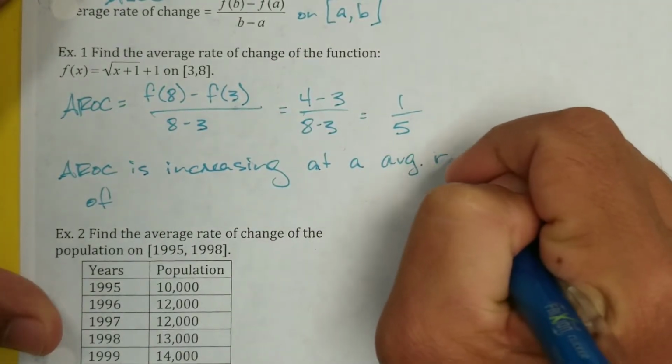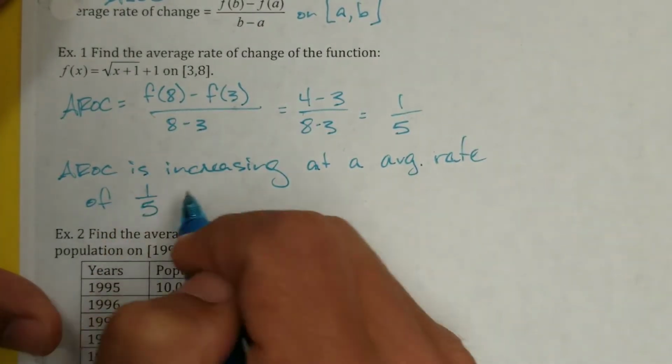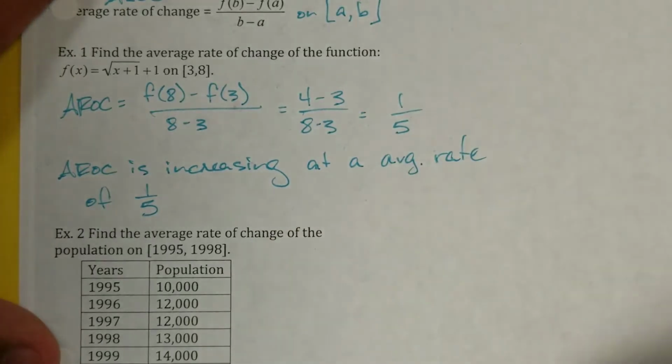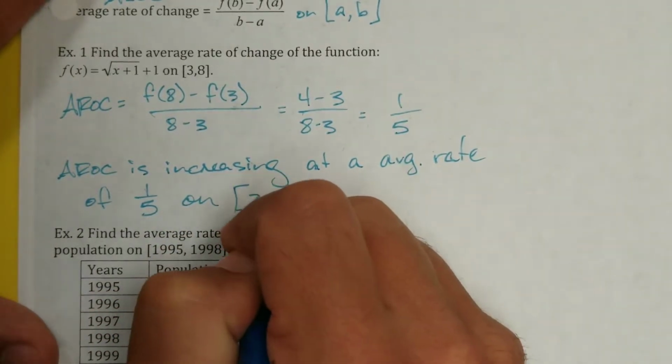At an average rate of 1/5 on the interval 3 to 8.